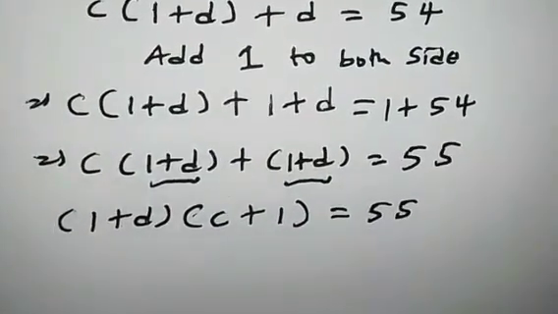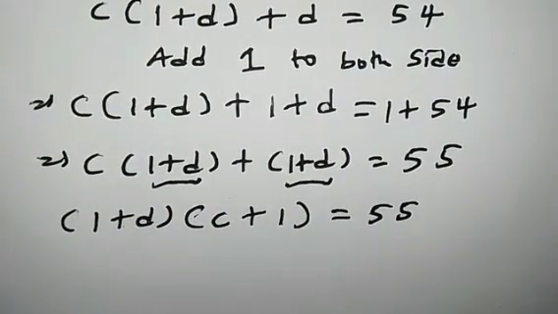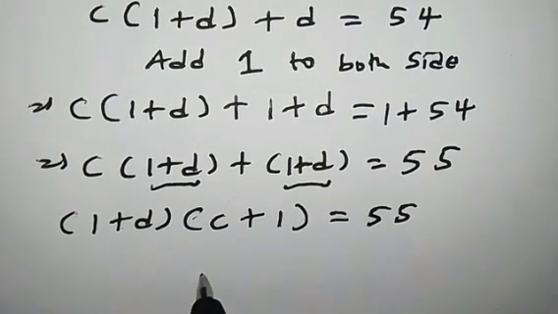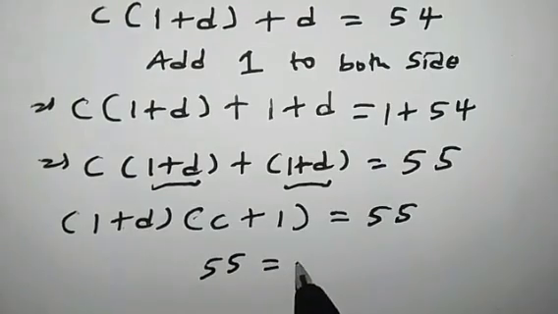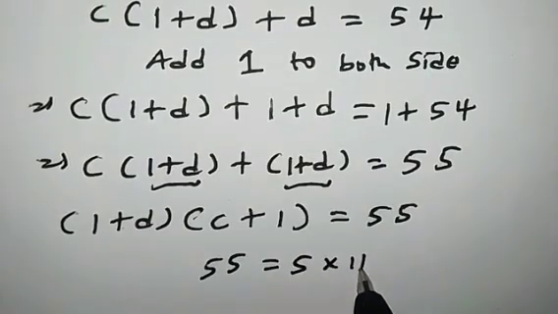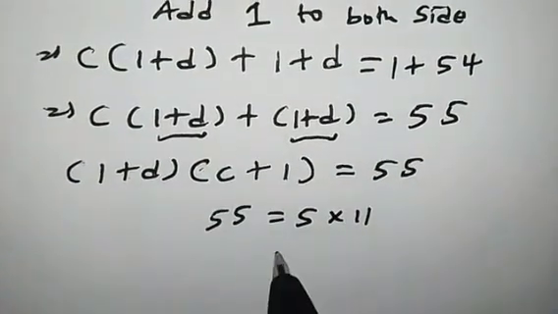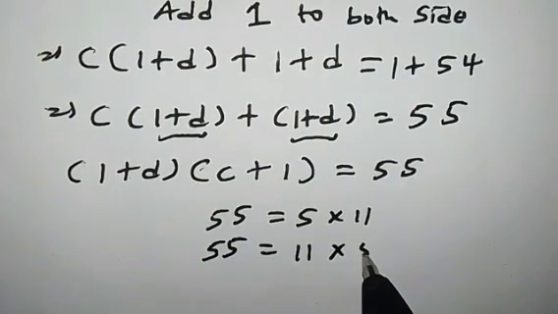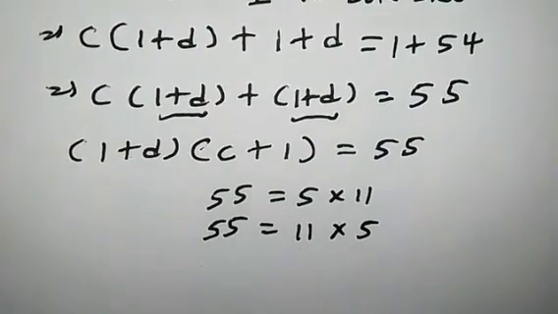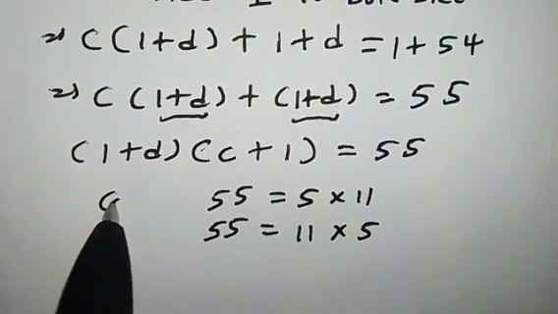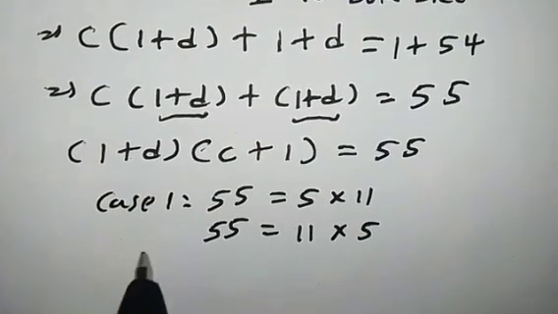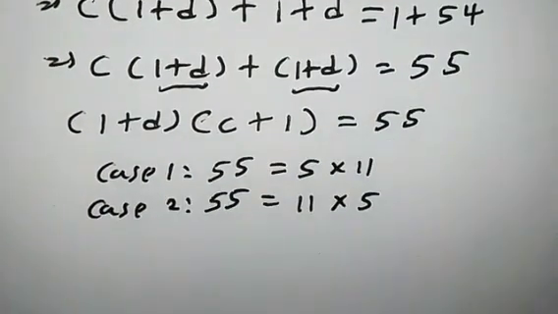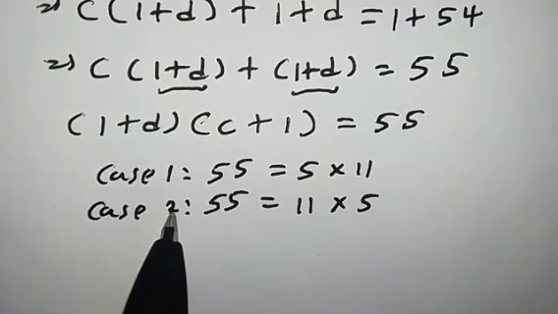Now, let us focus our attention on 55. 55 could be written as 5 times 11. We can also write 55 as 11 times 5. Let's call this case 1, the first case, and this case 2. So what we have to do is to now consider each of these cases.